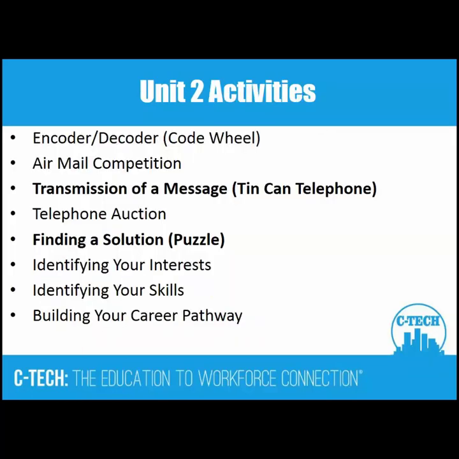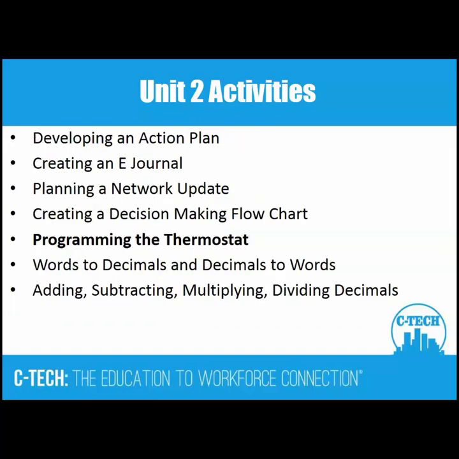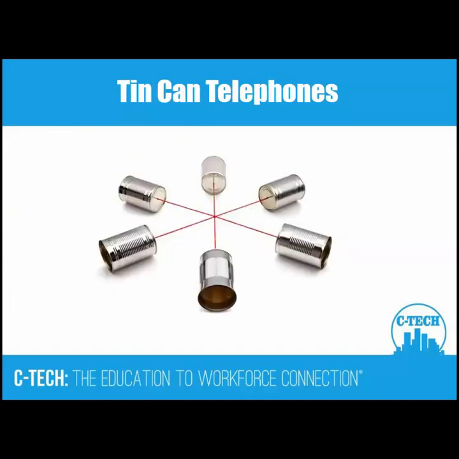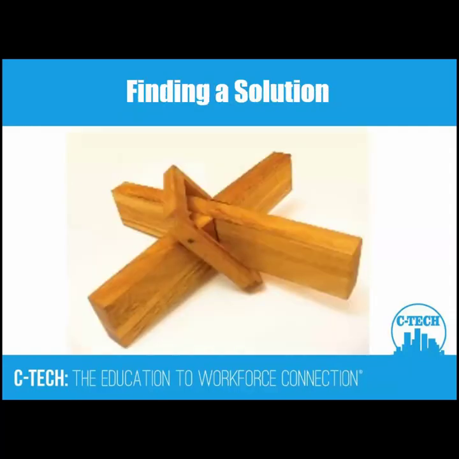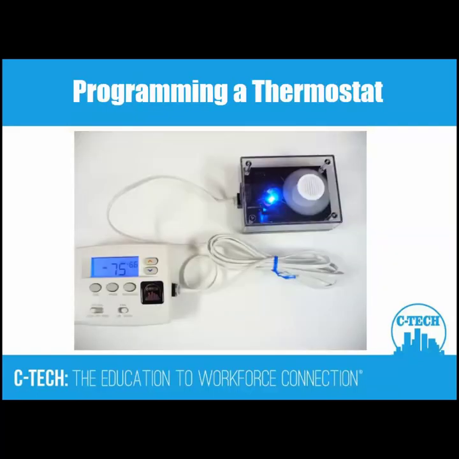The bolded items are something we'll discuss. Students will construct tin can telephone communication systems. They will design a process and solve a puzzle. And they will program a thermostat to a simulated home as part of an automation activity.